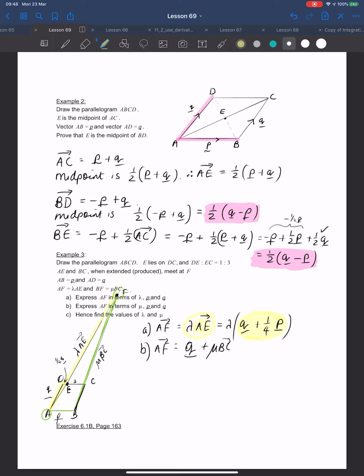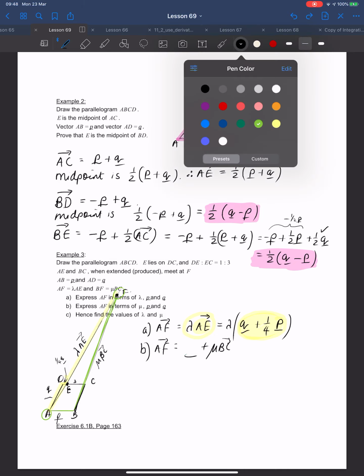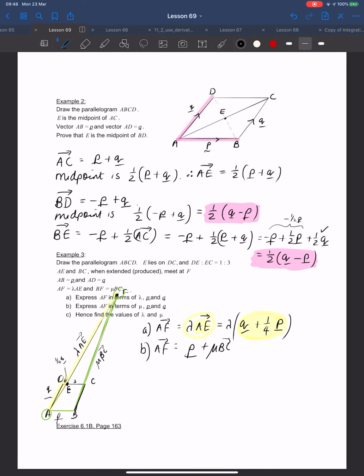Okay. A to F is in green. So we've got to start from A. That's a P there. That should be a P. Okay, A to F is A to B plus B to F, which is a mu B to C. And then B to C is a Q, which is P. And B to C, look, that there is actually a Q because it's parallel to this here.